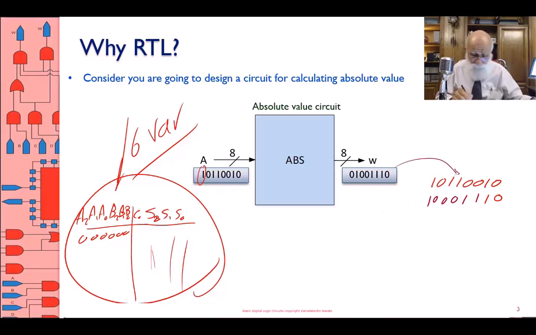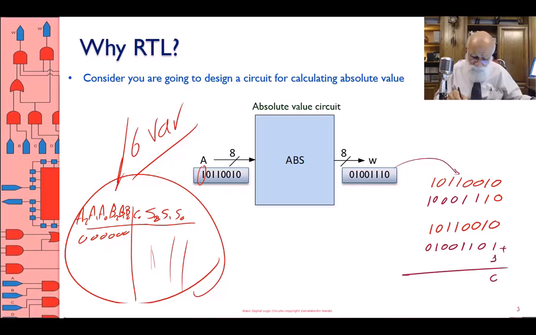On the other hand, another way of doing this same 2's complement conversion is to say, well, let's do this. Let's complement this. Complementing becomes 0, 1, 0, 0, 1, 1, 0, 1. And then add a 1 to it.